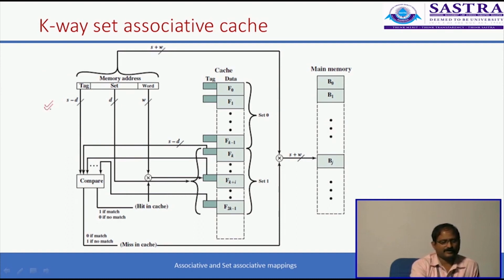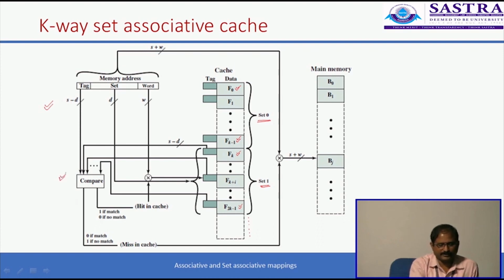This is the organization of k-way set associative mapping. Set 0 has k lines, 0 to k minus 1. Set 1 has k lines, k to 2k minus 1, like that it is going. To check whether an address is present in the cache or not, an appropriate set is chosen.